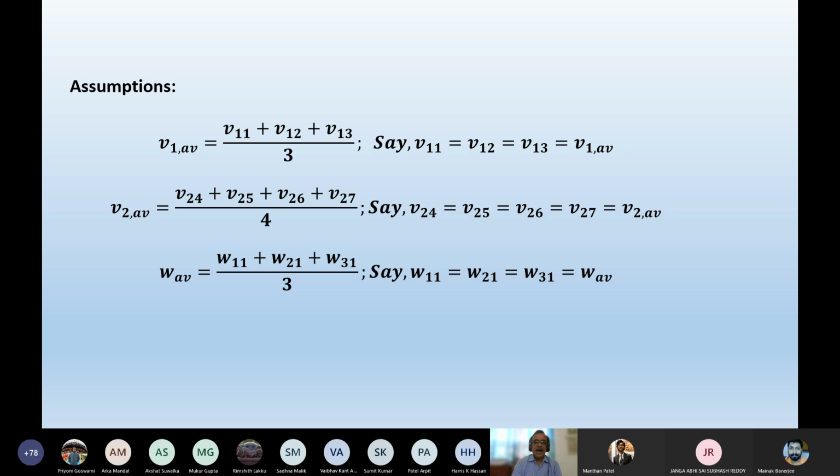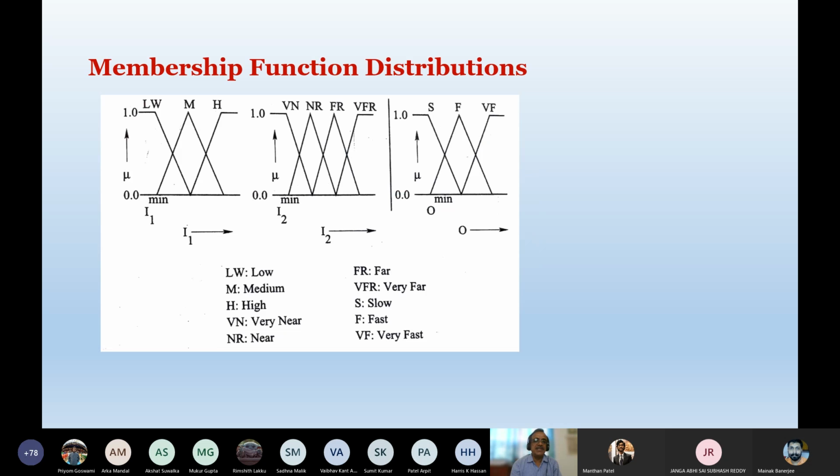And after that, I'm assigning V11 equals V12 equals V13 equals V1 average. Now my question is, why did I do it like this? As I told, we did this just to make it simple. Let me go back to the network, you'll understand very easily.